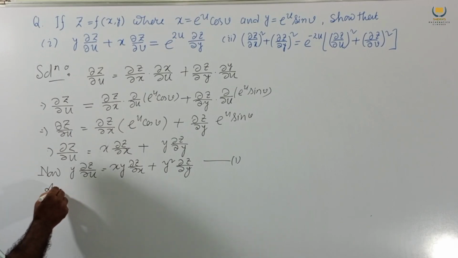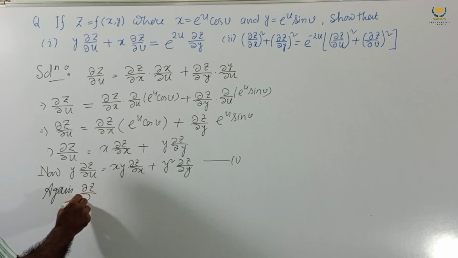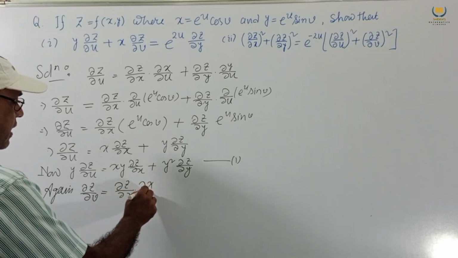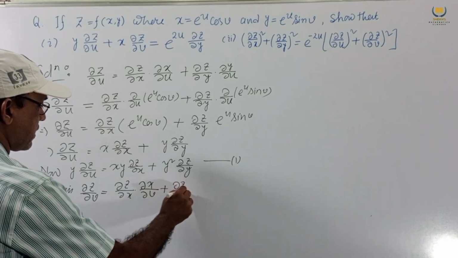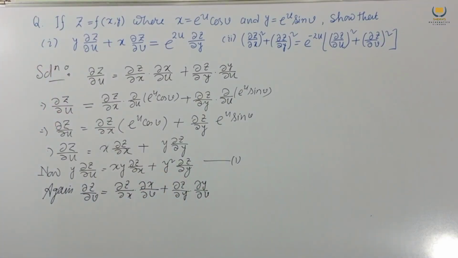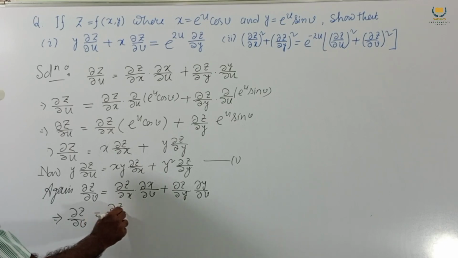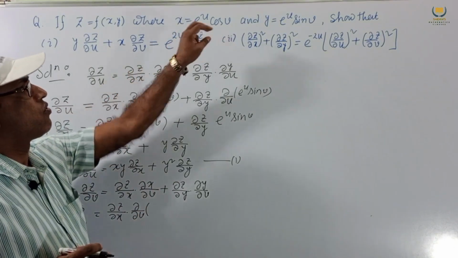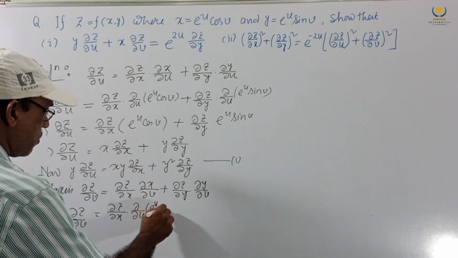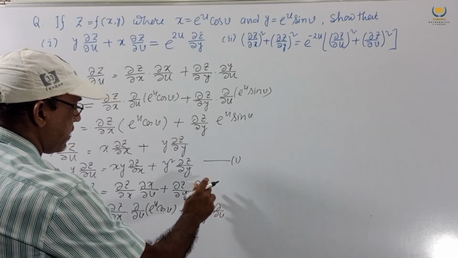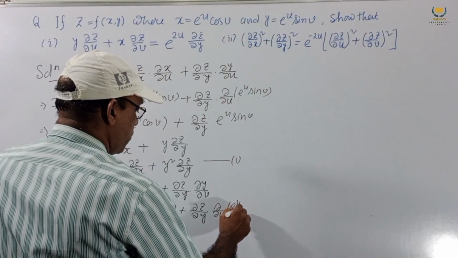Using the chain rule, del z del v equals del z del x times del x del v plus del z del y times del y del v, where x means e to the power u cos v and y means e to the power u sin v.